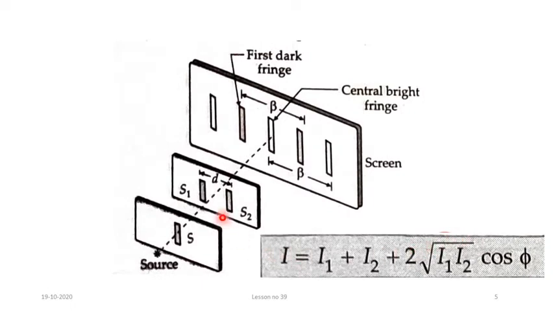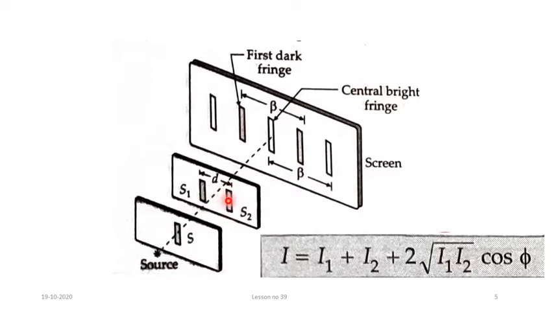Now, what does this mean? Suppose your light is coming from your slits S1 and S2. Forget about this source S. For now, just consider one of the light sources S1 and another light source S2.